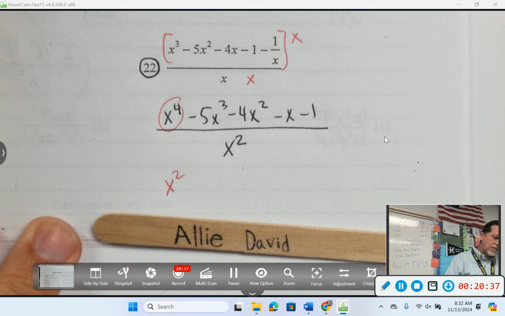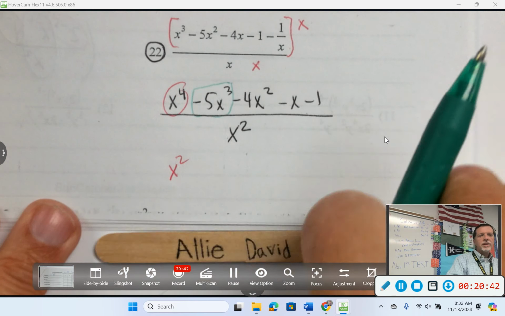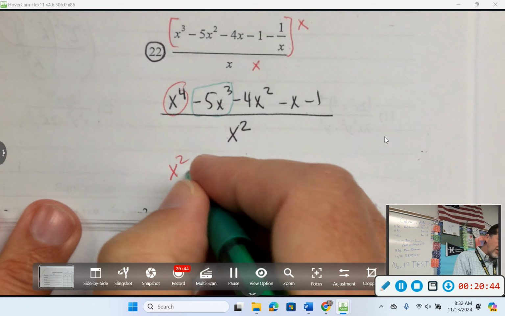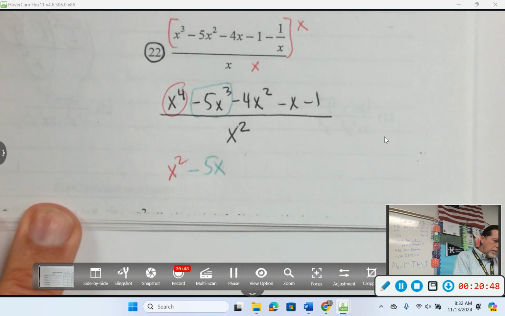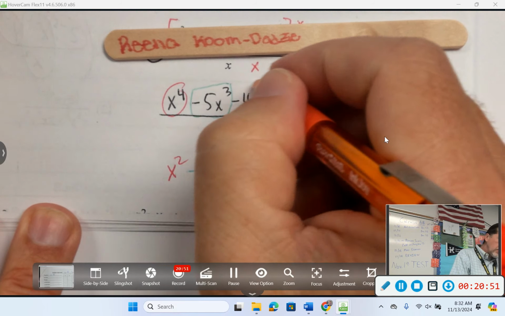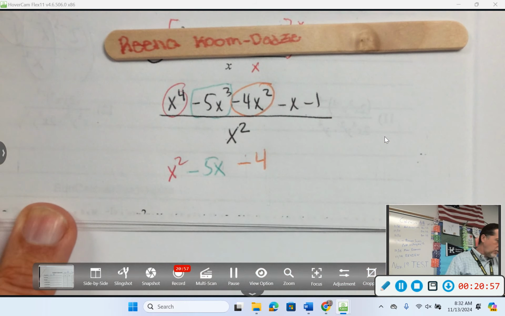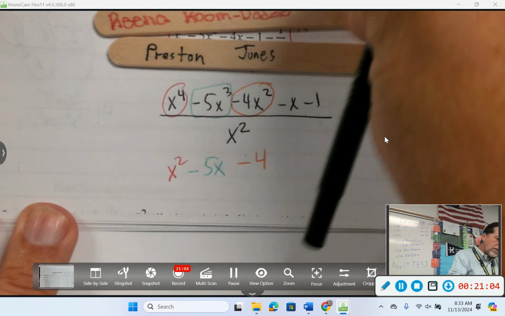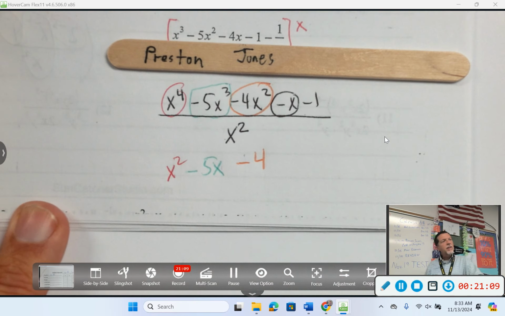Allie, what's negative 5x cubed over x squared? Negative 5x. Rena, what's negative 4x squared divided by x squared? Negative 4. And then Preston, how about negative x over x squared?